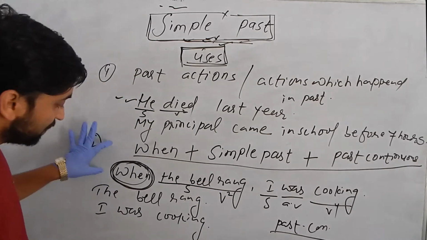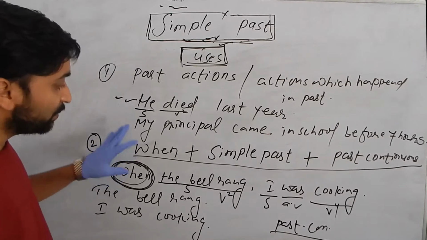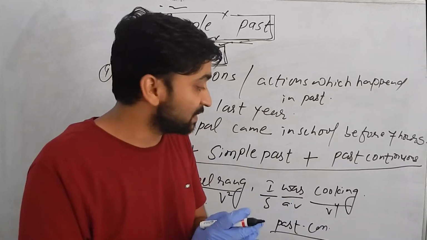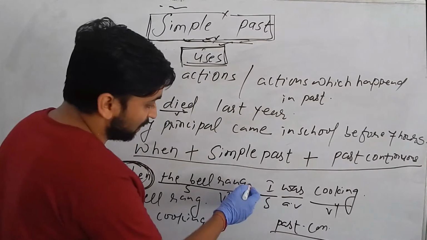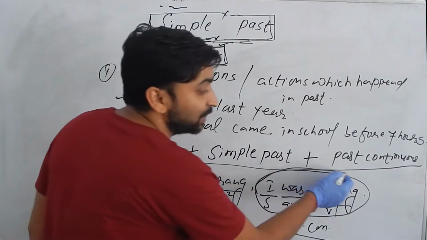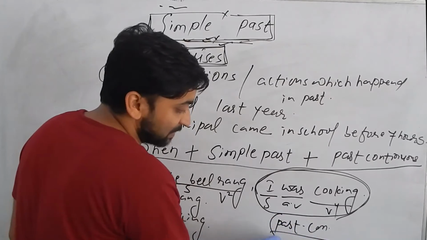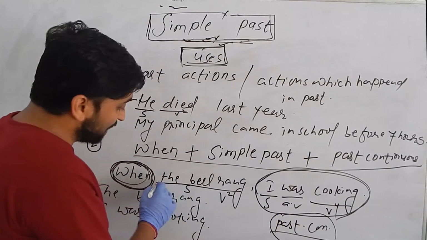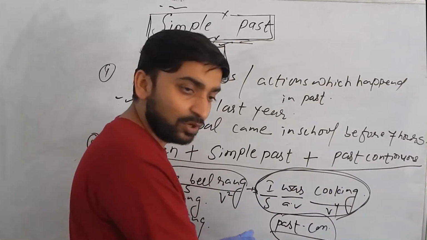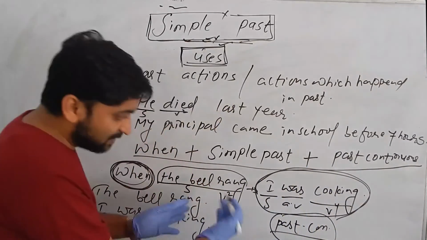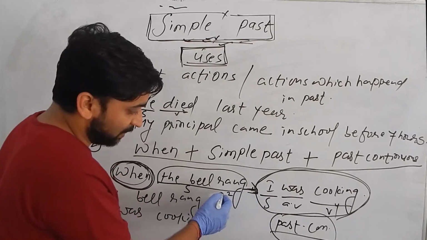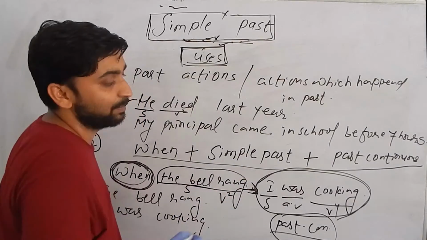So actually what is the rule? If two actions occurred in the past, the action which was going on, जो पहिलेदेखि चलिरहेको थियो पास्ट समयमा, उसलाई हामी पास्ट कन्टिन्युअसमा लेख्ने. An action which happened during that action, जुन एक्सन चलिरहेको थियो उसलाई पास्ट कन्टिन्युअसमा, र त्यो बीचमै अर्को एक्सन occurred during that action, then it is written in simple past tense.